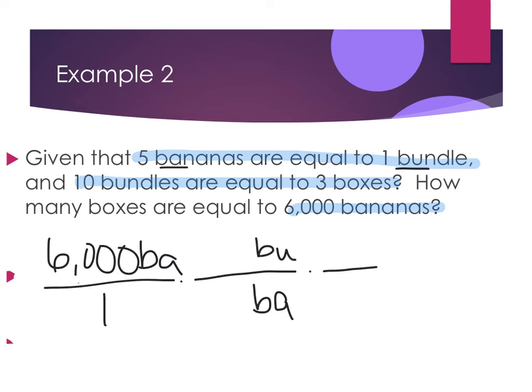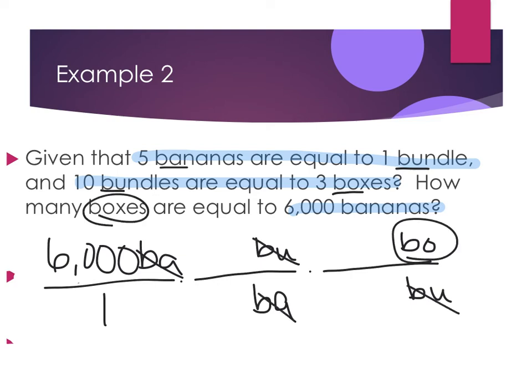But I know I don't want bundles, so I'm going to get rid of it by putting it in the bottom. What could I connect bundles to? In this case, boxes. I usually set up my units first so that I know the direction I'm going is worth something. Here I can see that my bananas cancel, my bundles cancel, and I'll end up with boxes, which is what I want. If I can't make that connection, then no matter what the numbers are, it doesn't matter.